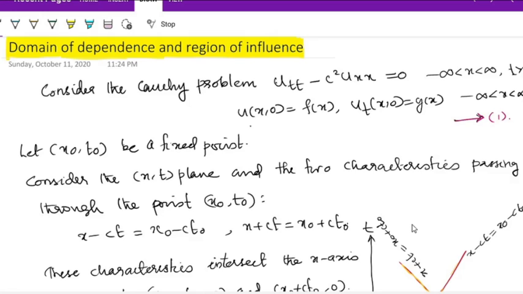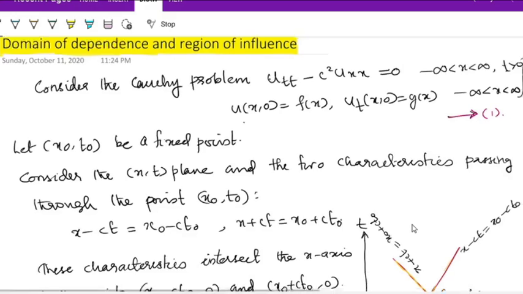We know that for the one-dimensional wave equation, the characteristics are given by x minus ct equal to a constant and x plus ct equal to another constant. So the characteristics passing through (x0, t0) are given by x minus ct equal to x0 minus ct0 and x plus ct equal to x0 plus ct0.